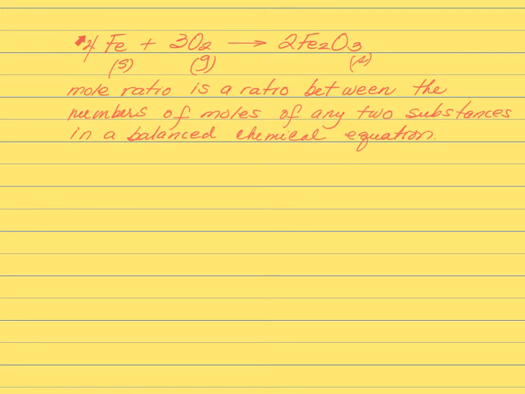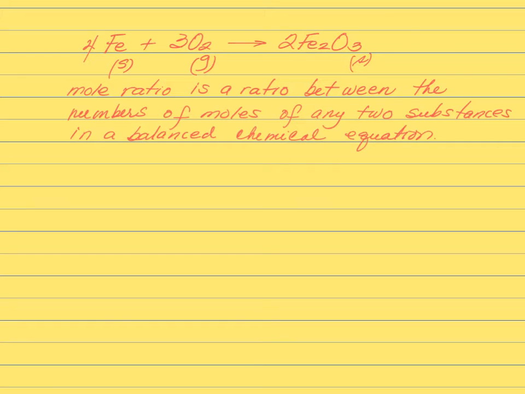Now, let's say that you don't have half of 4, that you have 5 moles of iron. How many moles of iron trioxide are you going to be able to produce? Do you know that? That's why you have to start writing mole ratios, because mole ratios are going to be used as conversion factors. I'm going to show you an example.